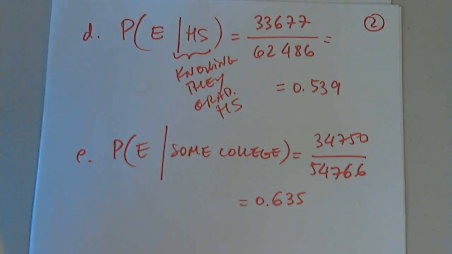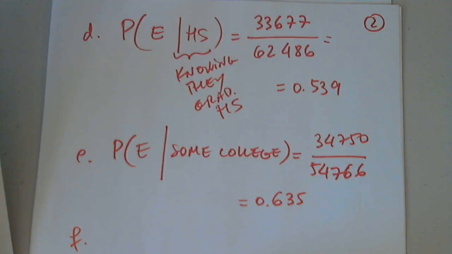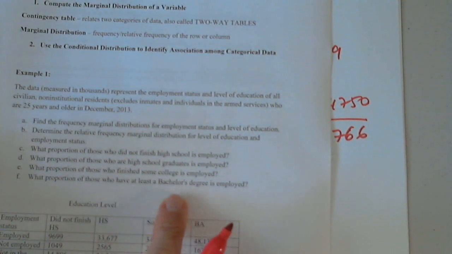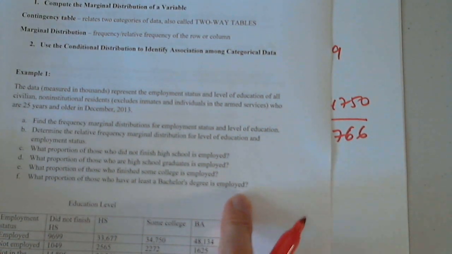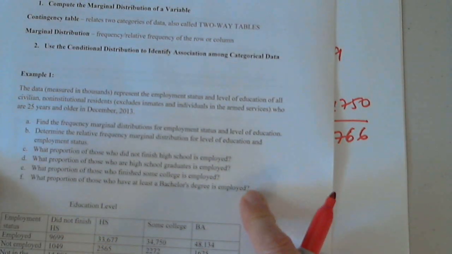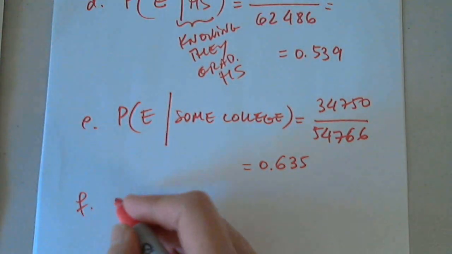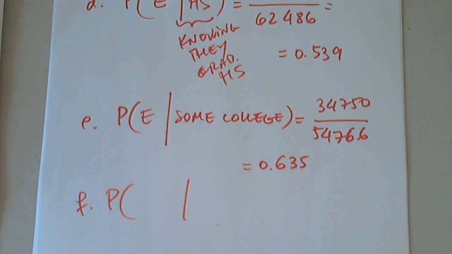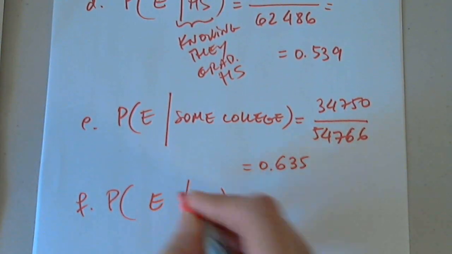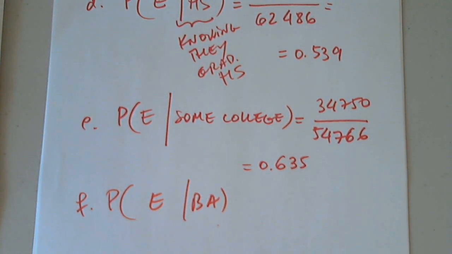Final question so far, before we have something else to do with this table. What proportion of those who have at least a bachelor's degree is employed? So finally, the last column, at least a bachelor's degree. The probability that, given that they have a bachelor's degree, what is the probability of being employed?